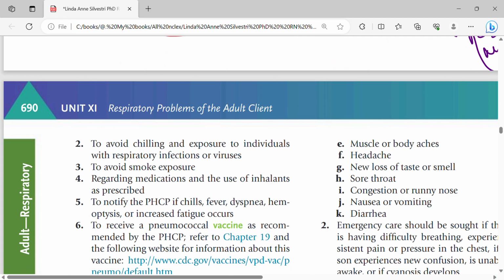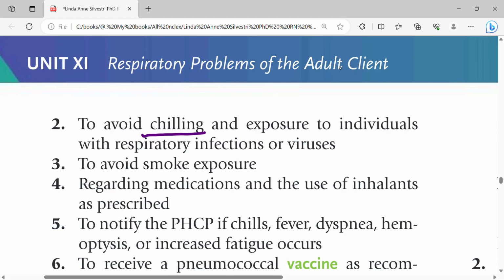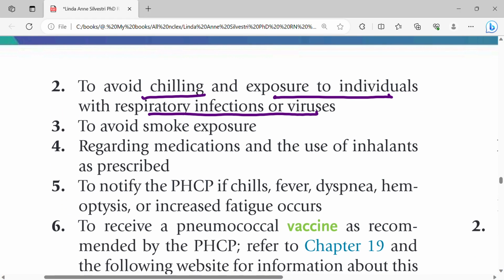Next is to avoid chilling and exposure to individuals with respiratory infections or viruses. If any person has a respiratory infection, we should avoid those people. Avoid smoke exposure.